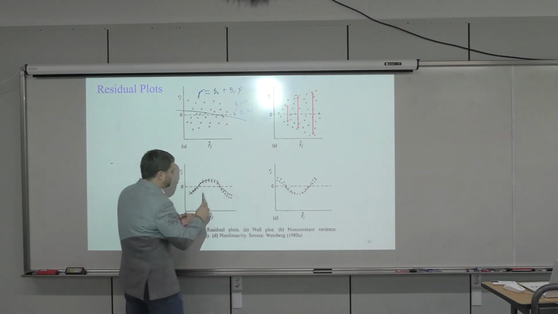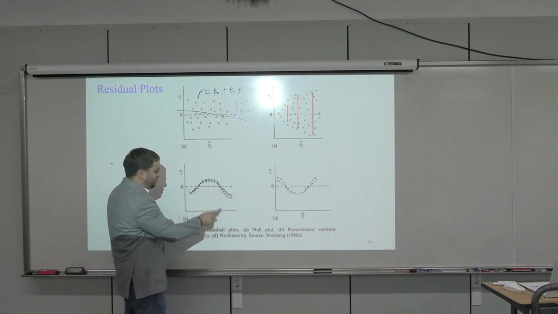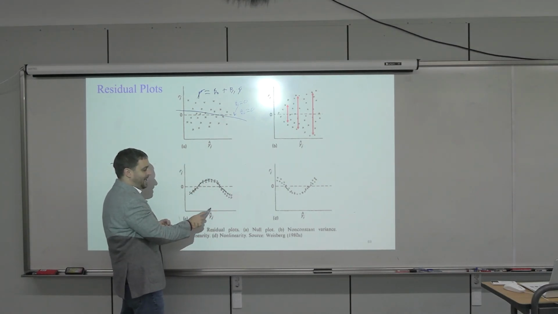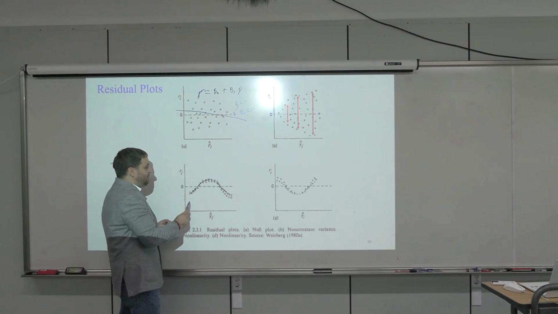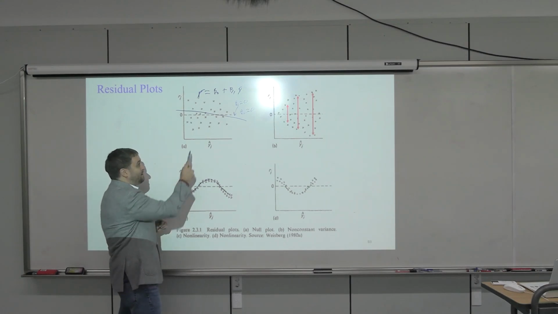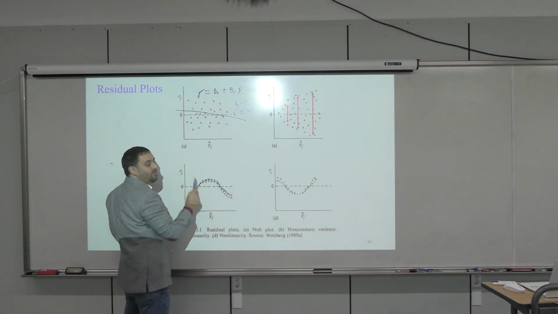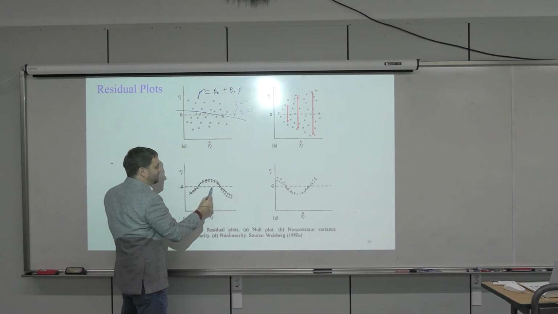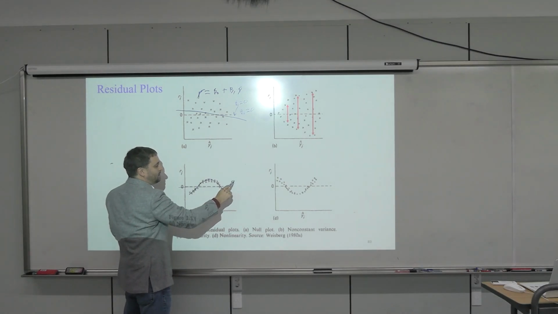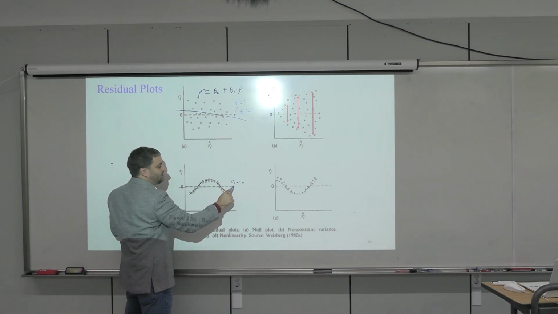But here you can see there's obviously a functional relationship between y hat and x, okay? But if you did a line of best fit, you would actually get probably beta naught approximately 0 and beta 1 approximately 0.